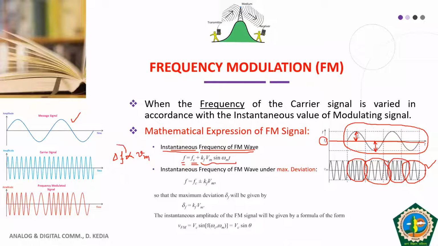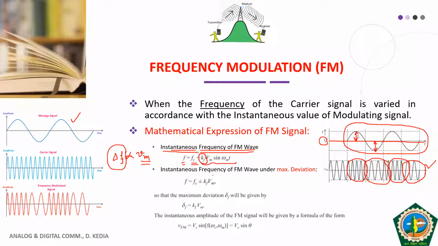So my change in carrier frequency is proportional to the modulating signal. Now what is vm? vm is capital Vm sin omega m t. And what is Kf? Kf is the proportionality constant.